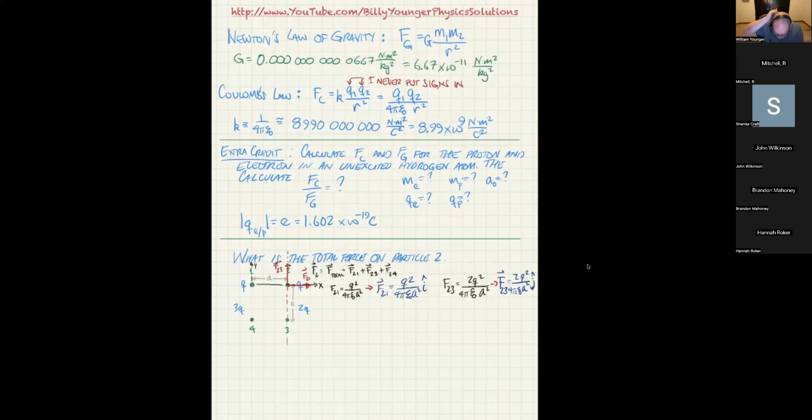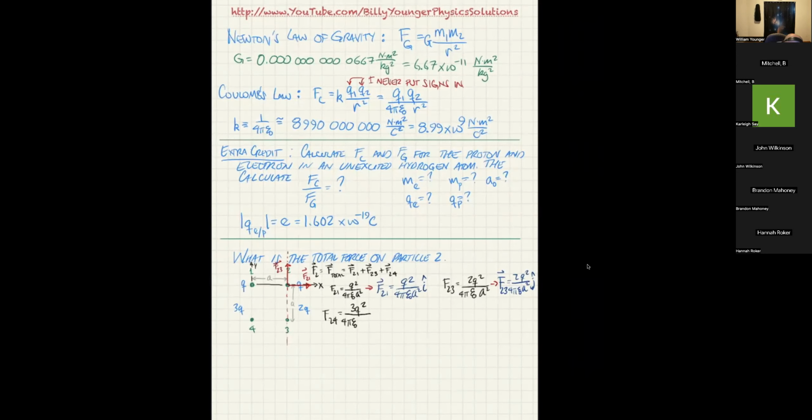Now I'm going to do F24. F24 is a little more complicated because the distance is not just straight a, so we have to work that out. But we see the charge is Q and the other charge is 3Q, so I'm going to get 3Q squared for the product of the charges. I'm going to get 4 pi epsilon naught for the bottom part.